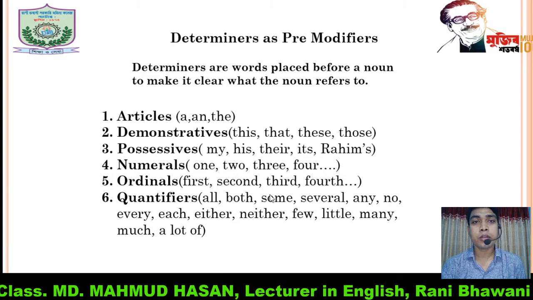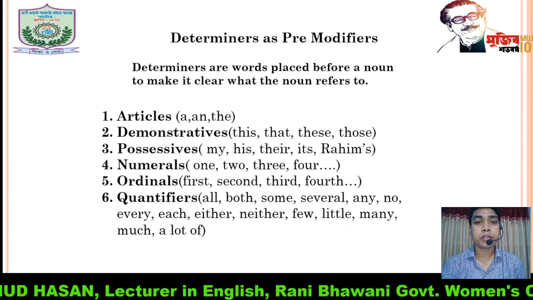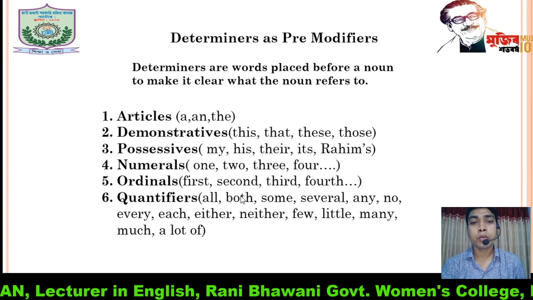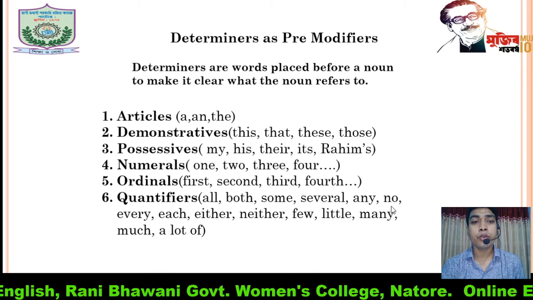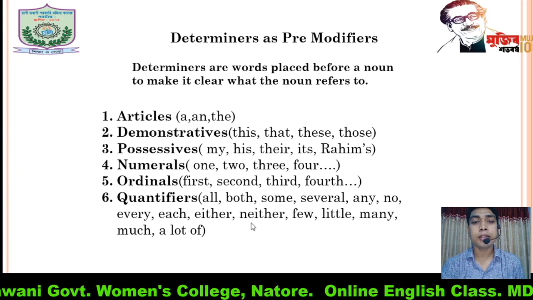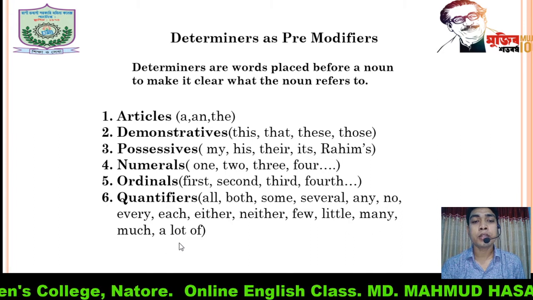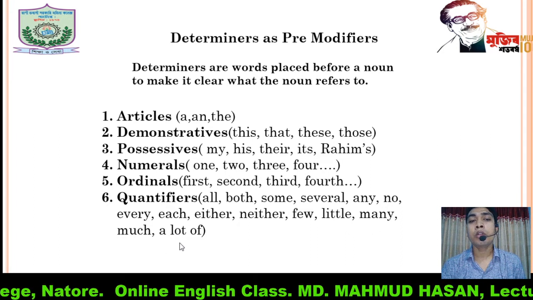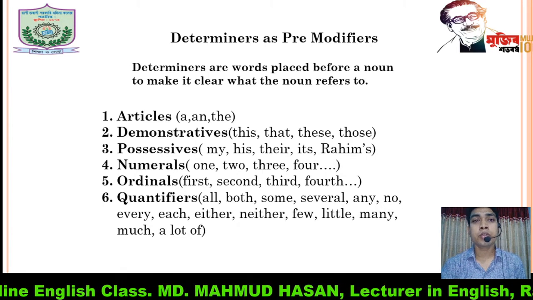They are determiners. Quantifiers: all, both, some, several, any, no, every, either, neither, few, little, many, much, a lot of. All these are quantifiers and quantifiers are also determiners.